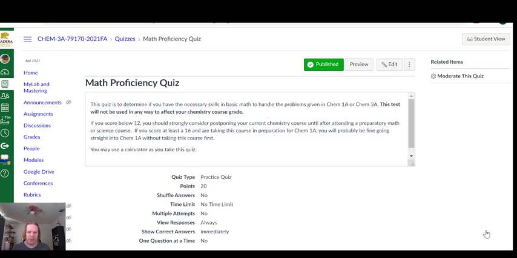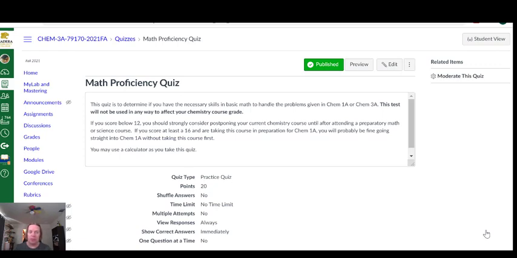This is a math proficiency quiz. This quiz does not affect your grade in the class, but it is really important to take it and to basically try your best at it. This is giving you some information and me some information about your math background coming into the class.